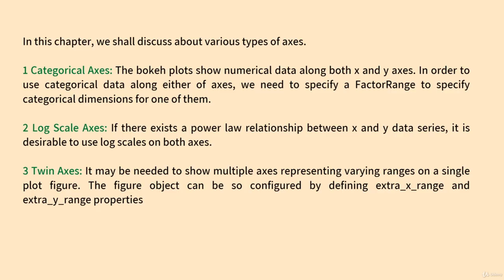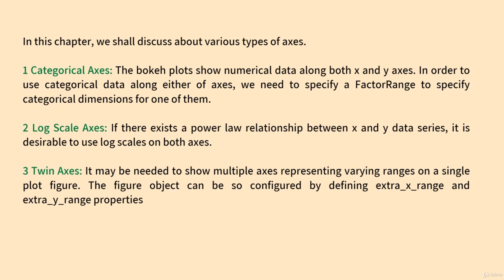So now there's another very advanced stuff that is provided by Bokeh, which is different types of axes. Ideally we define three types of axes: categorical axis. In categorical, one has to be a categorical variable, not a numerical variable.